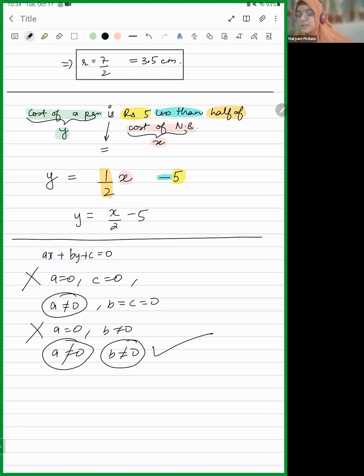Over here also B is equal to 0, so this is also not an option. So A cannot be 0, B cannot be 0. But yes, C can be 0. For example, if you have 2x plus 3y is equal to 0, in this case C is 0. So that's not an issue. Okay, clear?